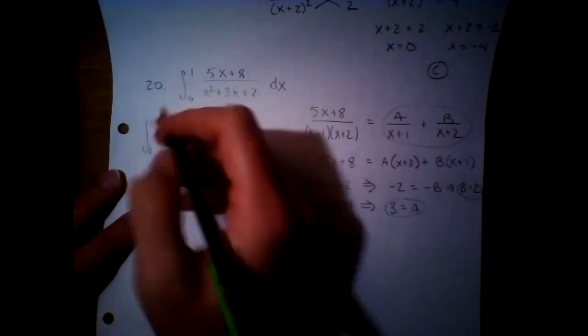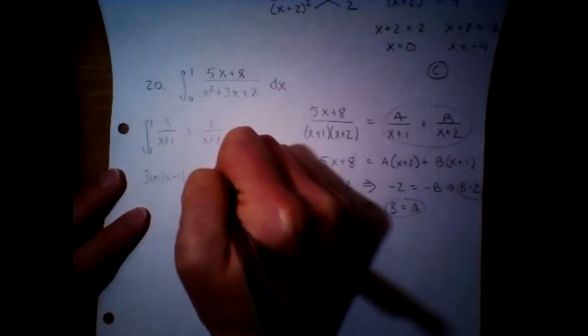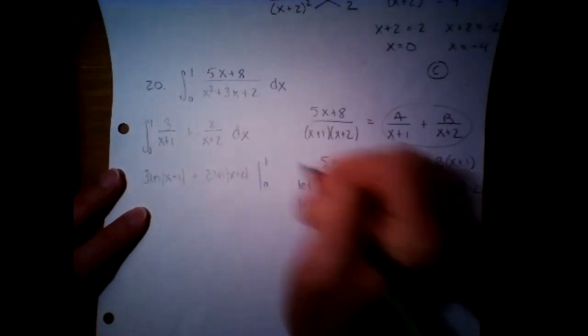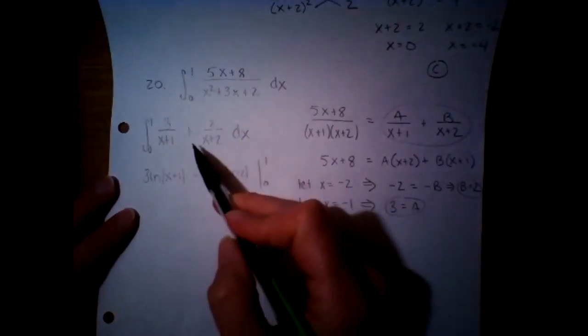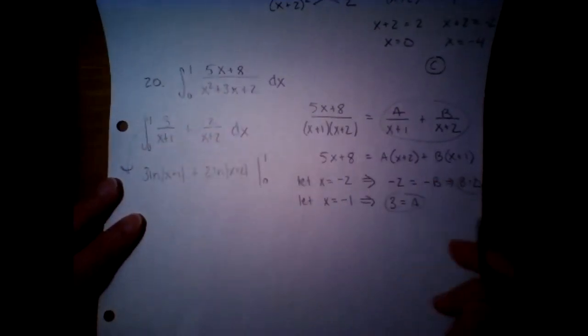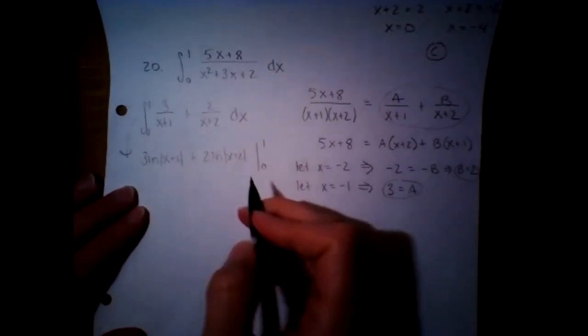This would be 3 ln of x plus 1 plus 2 ln of x plus 2 evaluated from 0 to 1. If you're like, this is so much work for a multiple choice question, I'm 100% with you. And this was the only step that was calculus. All the rest of this is just a big bunch of algebra. So you can complain if you want. I agree with you. That's kind of the way that this is.